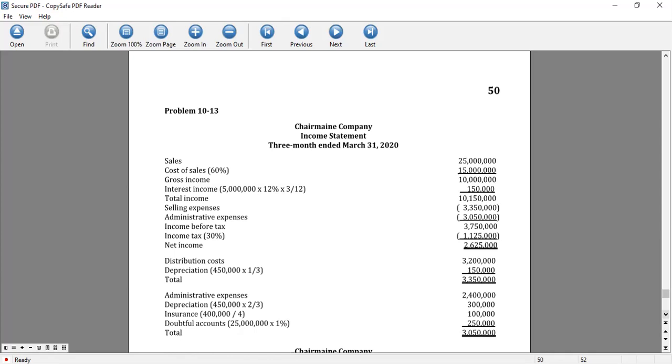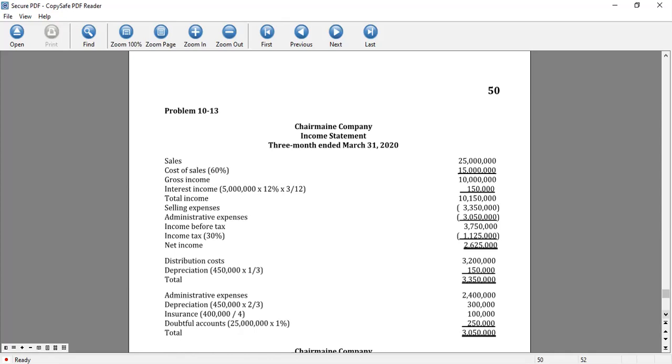The notes receivable is dated January 1, 2020. You've already seen the notes receivable account in the trial balance. The amount of the notes receivable is equal to 5 million.